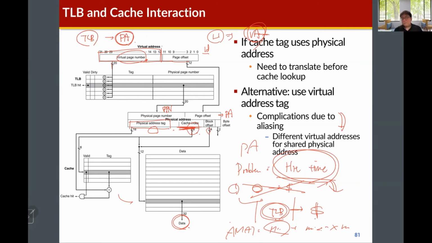But sometimes some processors can access the cache with the virtual address, and then we need to handle some problems caused by this virtual address access to the cache.